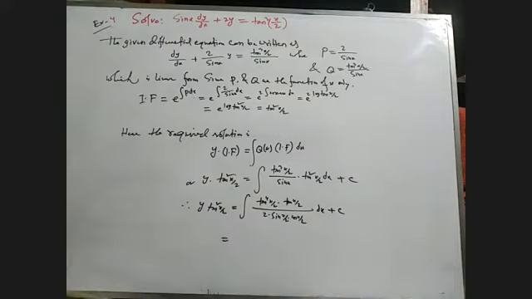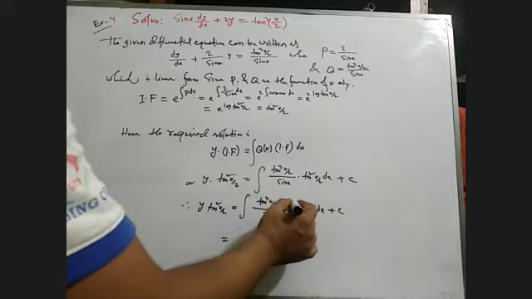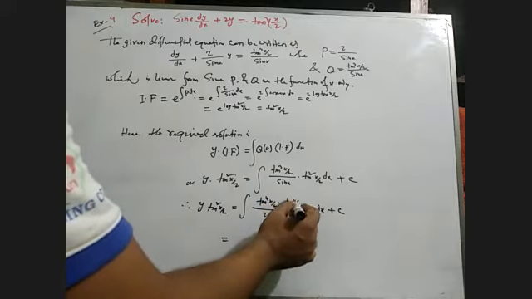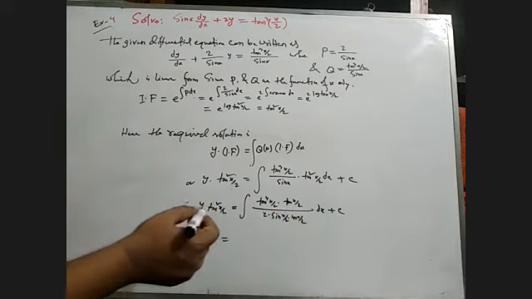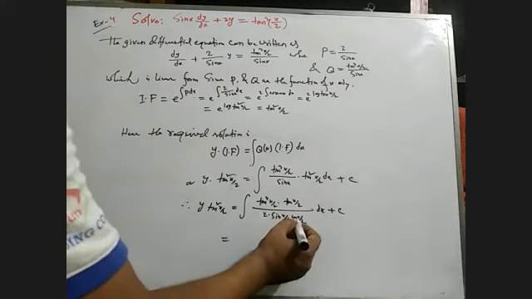In this integration, tan x by 2 means sin by cos. So sin will be cancelled and this will be cos square.